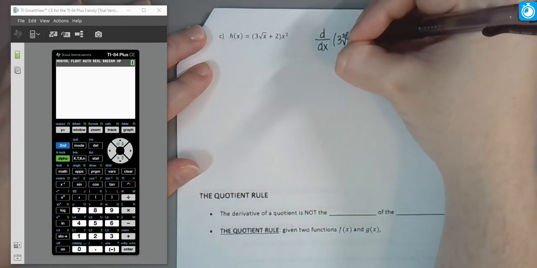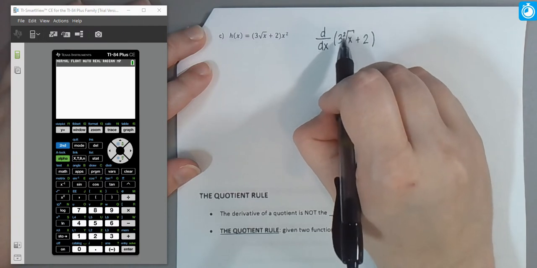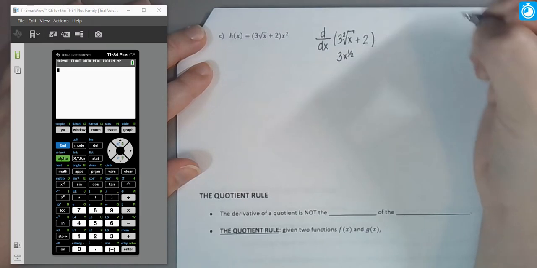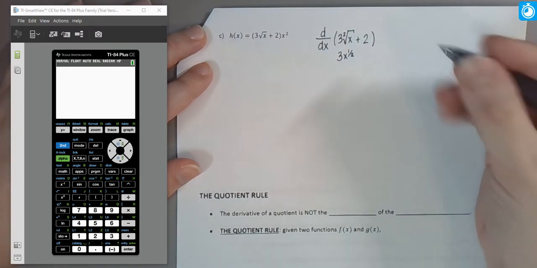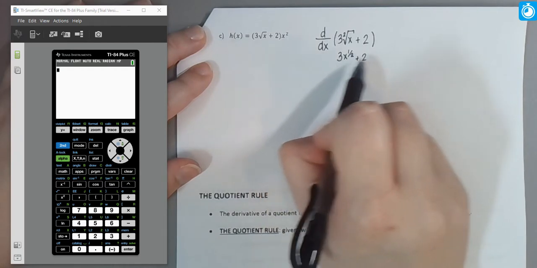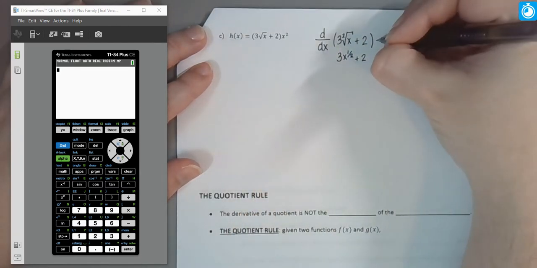So remember there's an understood 2. So x has an exponent of 1, and then the radical has an index of 2. So we can rewrite that radical as a rational exponent of 1/2, and then of course plus 2. So think of differentiating this particular version of this expression rather than the one that has the radical.